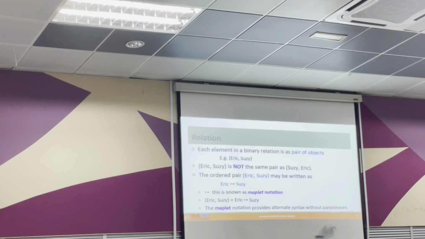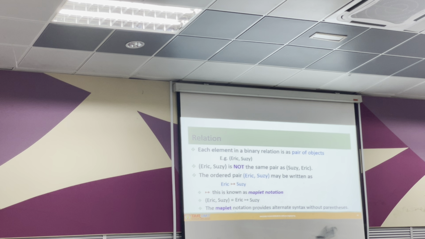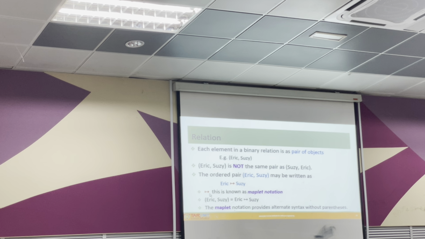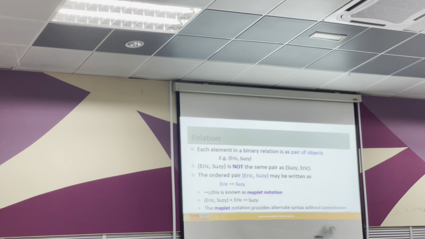But when we do a Z schema, we are going to replace the comma symbol with what we call the maplet notation, this arrow. This arrow is another symbol that you have to remember. Maplet notation is used for data representation only.